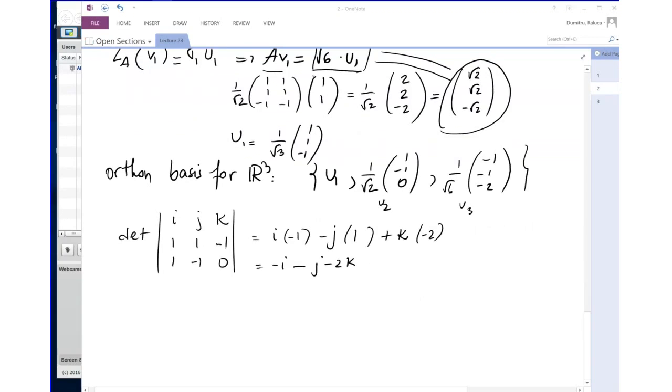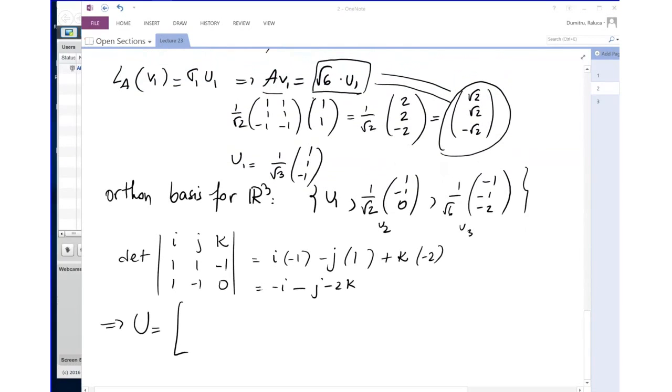Okay, so now the matrix U, which is a 3 by 3 matrix, will be obtained by putting all this together. So U1 was 1 over the square root of 3, 1 over the square root of 3, -1 over the square root of 3. U2 is 1 over the square root of 2, -1 over the square root of 2, 0.